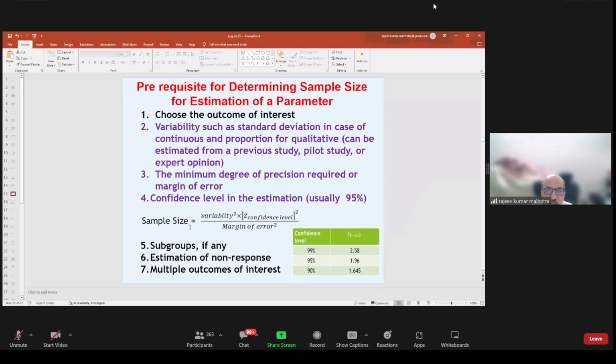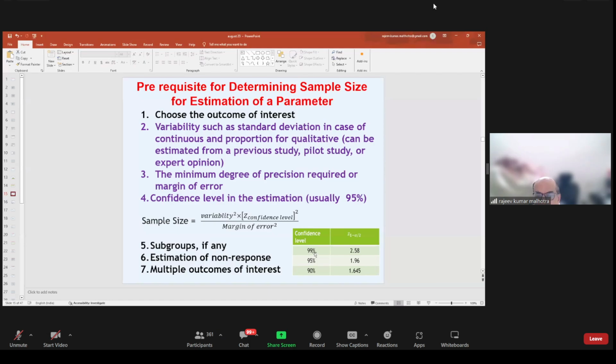Now this is the general formula for sample size for estimation. Sample size equals the variability, either for a proportion or for a standard deviation, multiplied by the Z value for the confidence level. If you take a confidence level of 95%, you get 1.96.